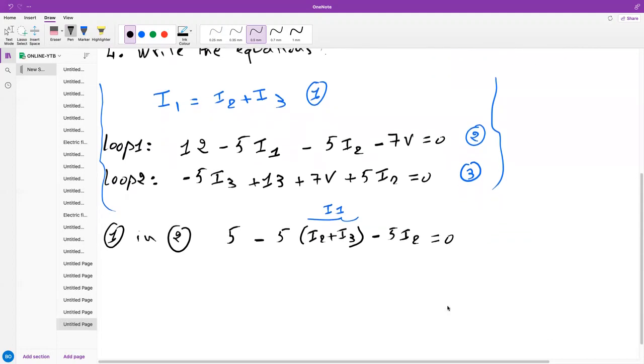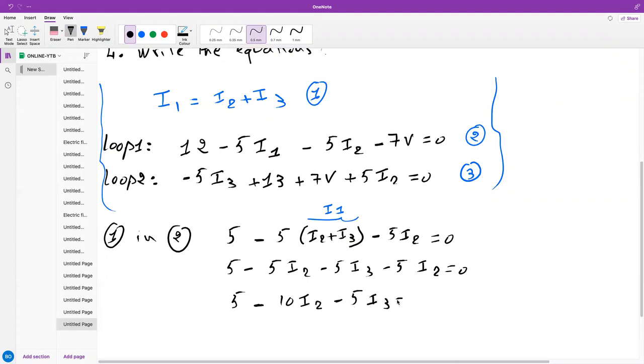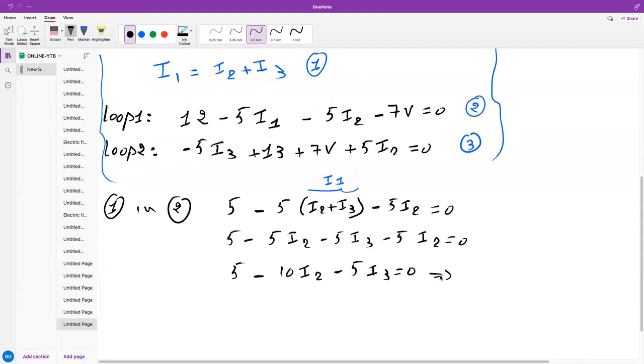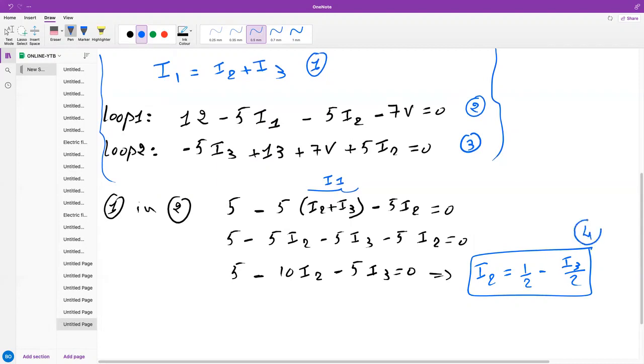I can develop a little bit: 5 minus 5 I2 minus 5 I3 minus 5 I2 is equal to 0. So it is 5 minus 10 I2 minus 5 I3 is equal to 0. And this will easily give me I2 is equal to 1/2 minus I3 over 2. This I will call equation number 4.